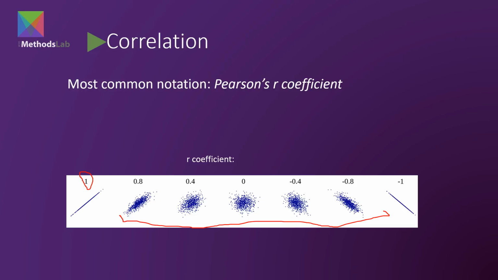So the higher the number, the stronger the pattern, basically. So 0.8 is a pretty strong pattern, whereas 0.4 is a slightly weaker pattern over there. Still in the same direction, but weaker, because the distance between all of those dots will be bigger overall than over here. Then a correlation of 0 means there's absolutely no relationship at all.